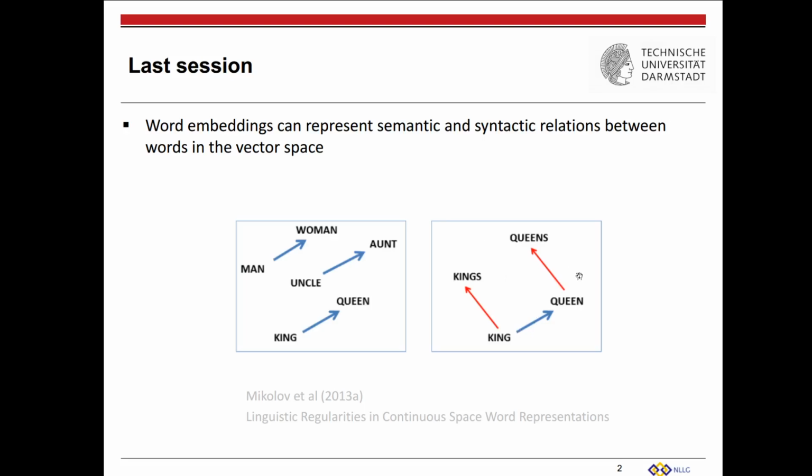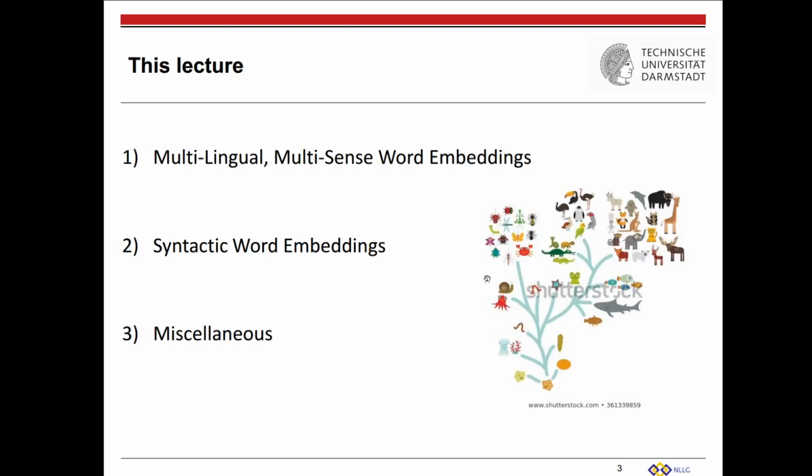We have also seen that embeddings can capture more grammatical aspects. The difference between kings and king is analogous to the difference between queens and queen, and the S in both cases is the plural marker. So this would be capturing more of a grammatical aspect.